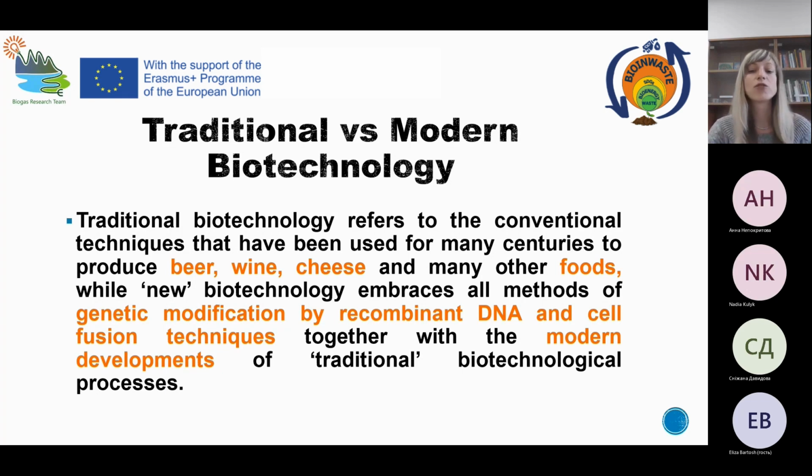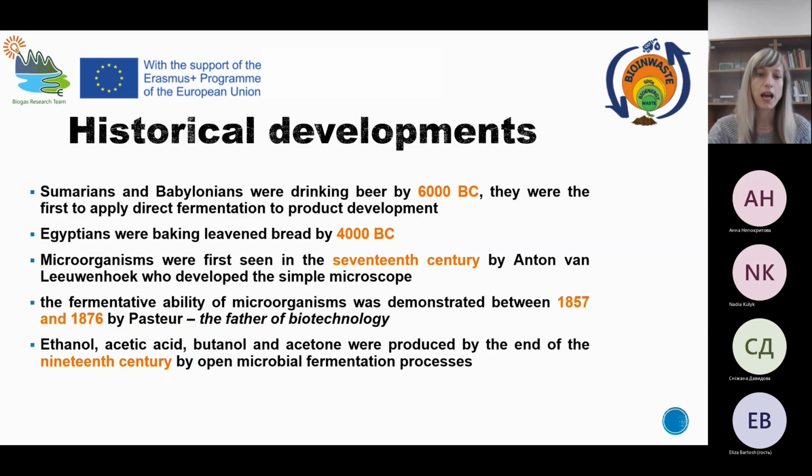And from such traditional biotechnology processes, especially, of course, with the discovery of DNA and the structure of DNA, biotechnology also came to agri-science, such as genetically modified organisms, and these are well-known fields of biotechnology.